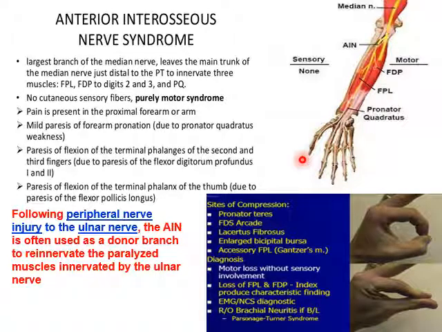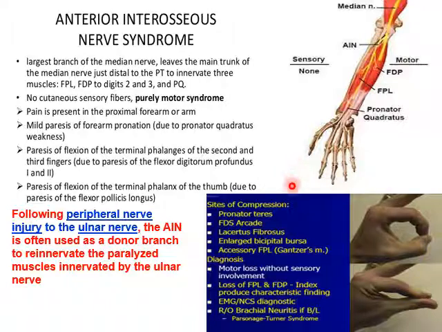There is paresis of the flexion of the terminal phalanx of the thumb as well, because the flexor pollicis longus gains its insertion onto the base of the terminal phalanx of the thumb.